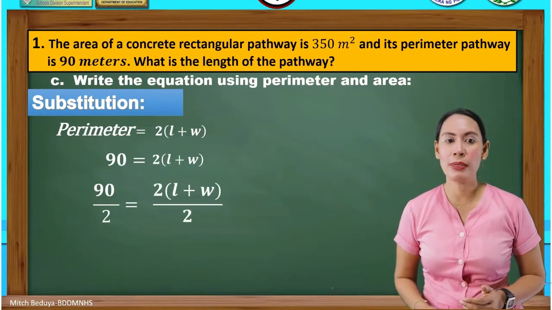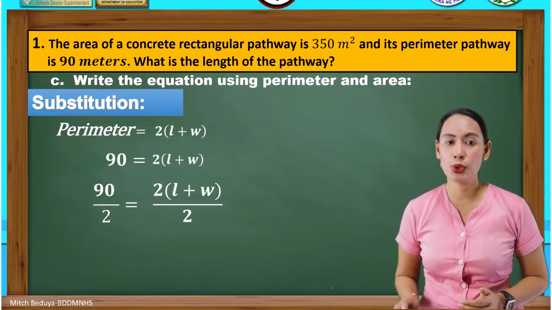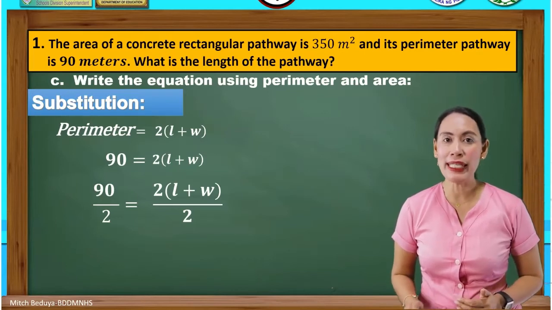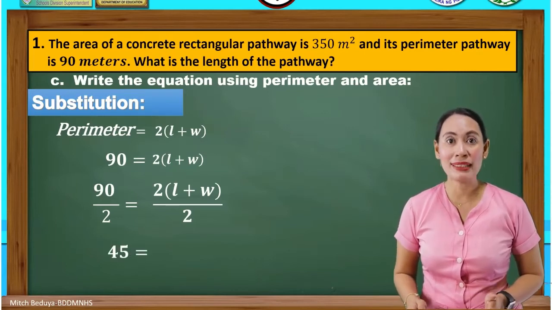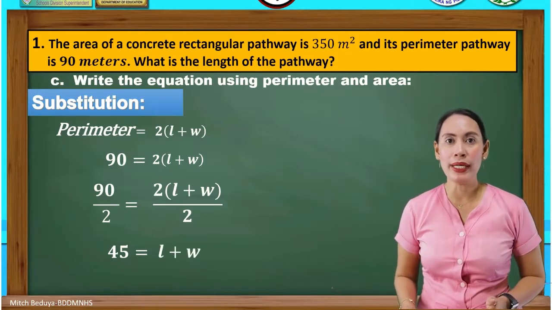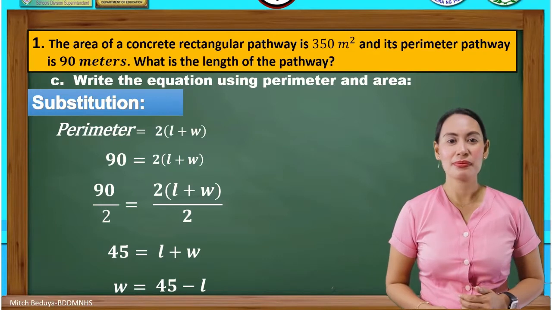So 90 divided by 2 is equal to 2 times the quantity L plus W over 2. The equation becomes 45 equals L plus W. If we solve for W in terms of L, we have W equals 45 minus L.